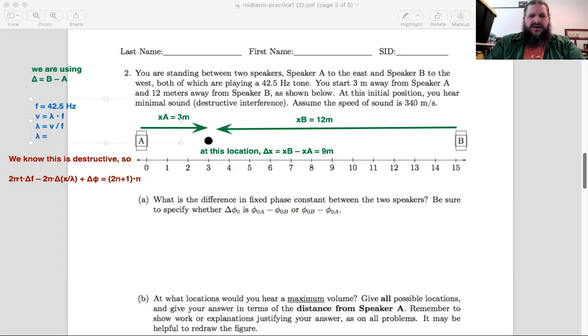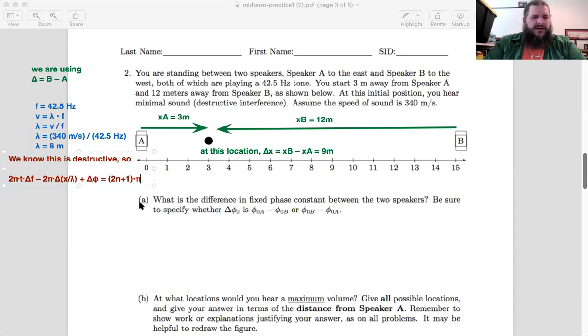What speed should we use here? 340. Yes, these are sound waves, and the speed of sound given here is 340 meters per second. So we take that and divide by the frequency, 42.5 hertz. And what does that give us? 340 divided by 42.5 is 8 meters. So the wavelength is 8 meters.